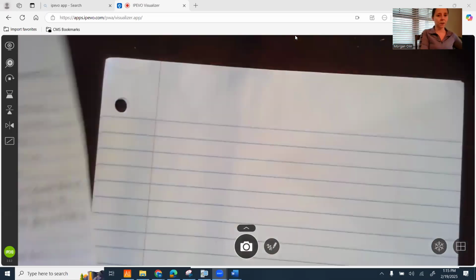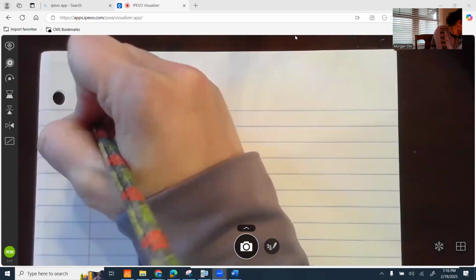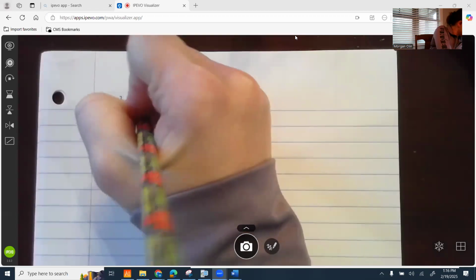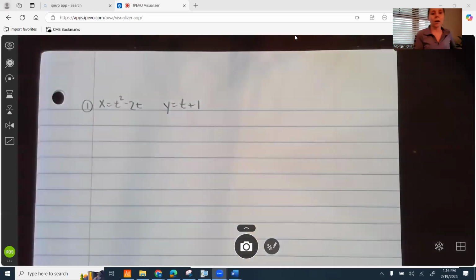All right, so here we go. Get your pencils ready. The first one we're going to look at and draw is number one. Let's say x equals t squared minus 2t, and y equals t plus 1. All right, so let's just draw this. Now, we don't really have anywhere we need to start.